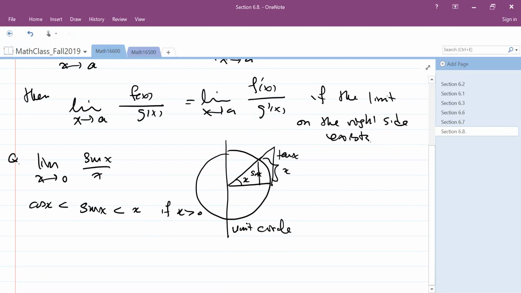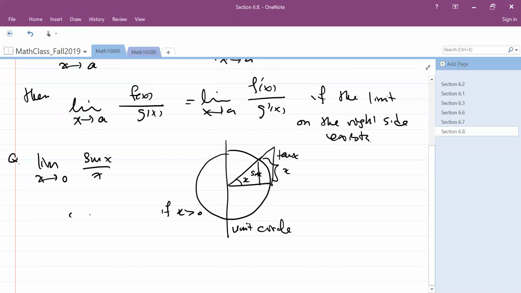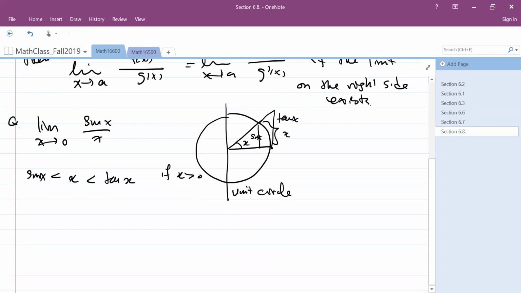The first thing in quantity is going to be: sine x is less than x, which is less than tangent x. The height of the larger triangle is tangent x. The height of the smaller triangle is sine x. The arc length on the circle is x, which corresponds to the value of the angle.